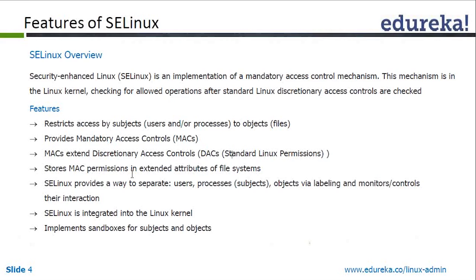For any particular service or operation you want to perform, if you send a request to the kernel, there must be an explicit rule defined that says this can be allowed. By default it blocks everything in your system, and if you explicitly want something to happen, you need to define that as part of the policy, and only then will that process work, get executed, or the access be permitted or granted.